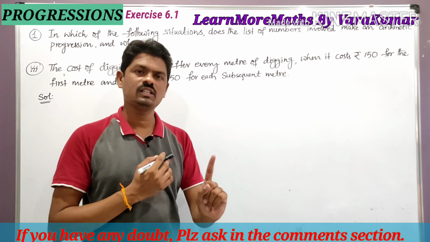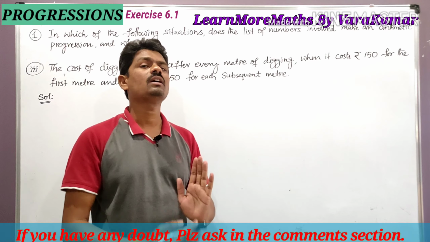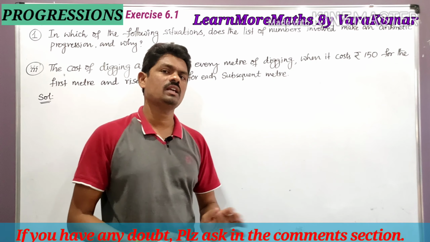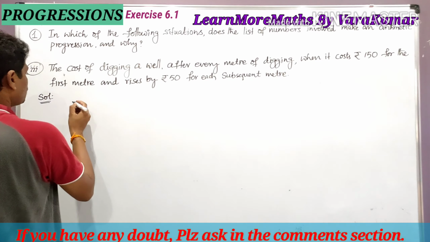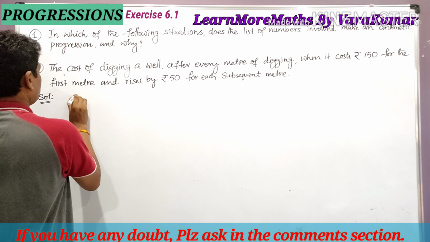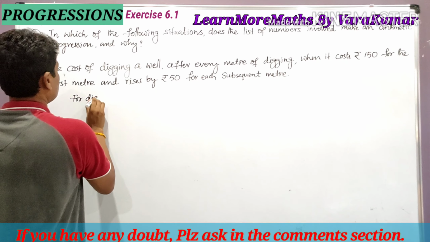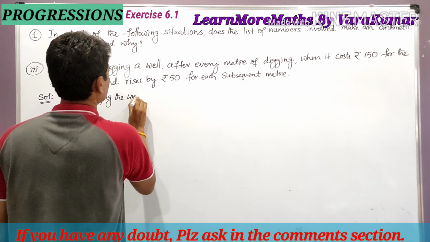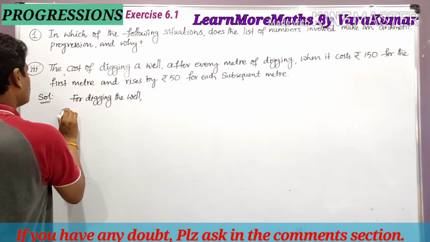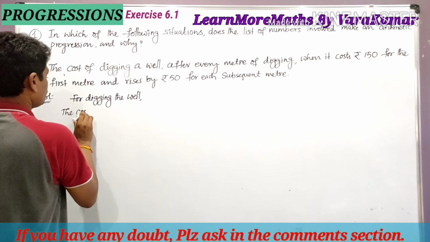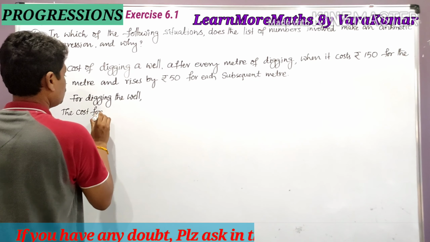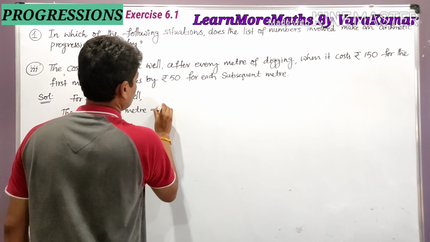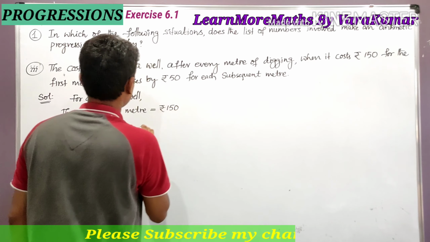After the first meter, for every meter, the cost for digging the well rises by rupees 50.